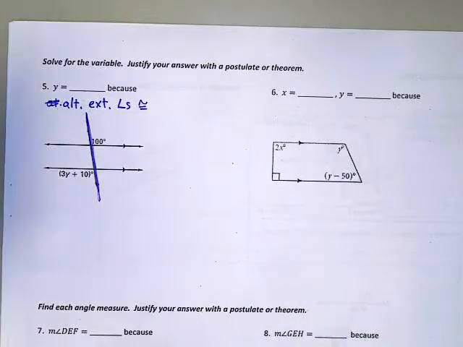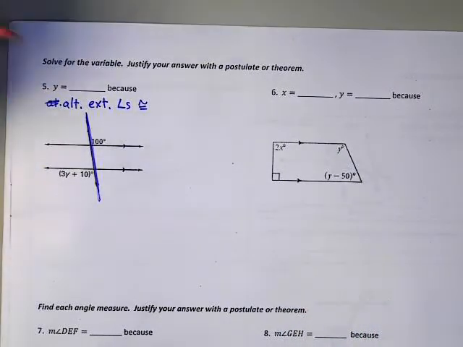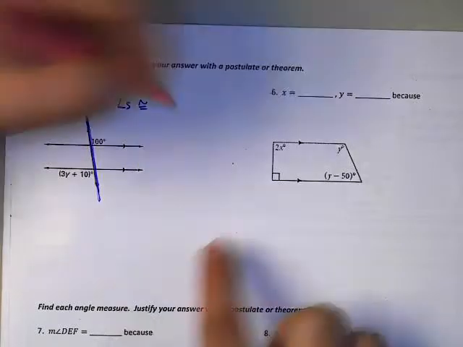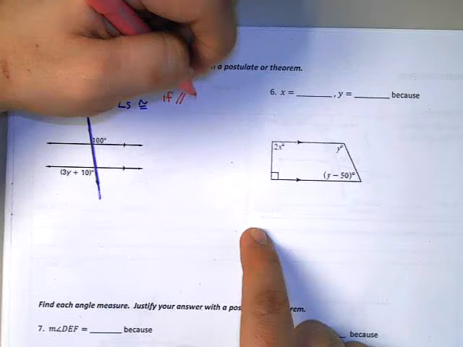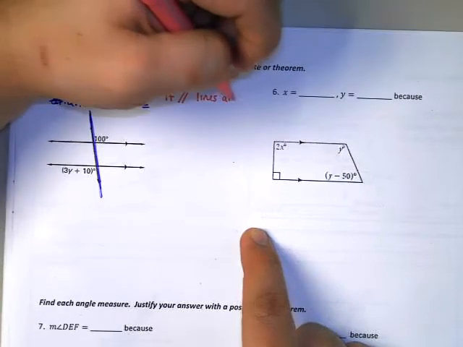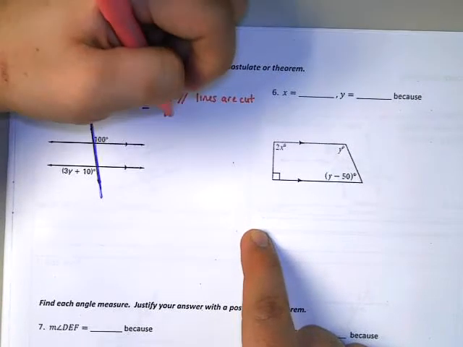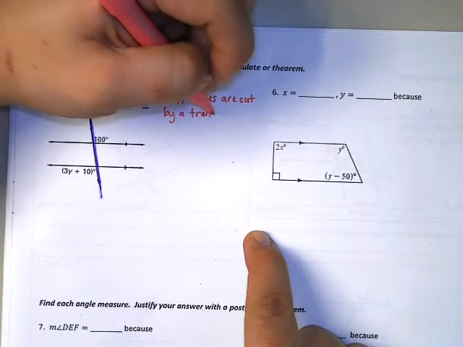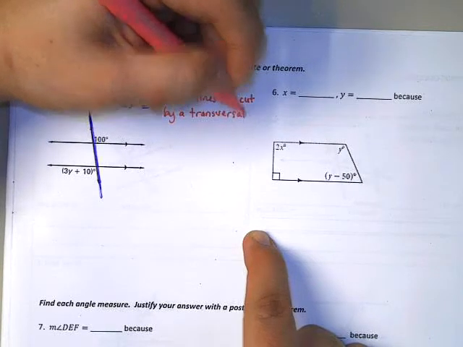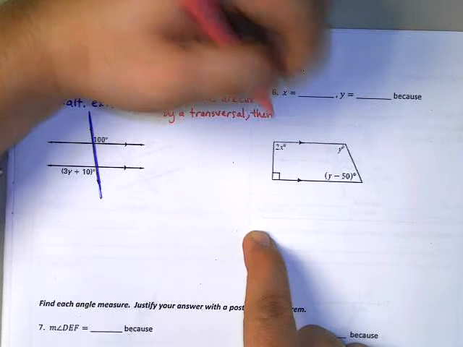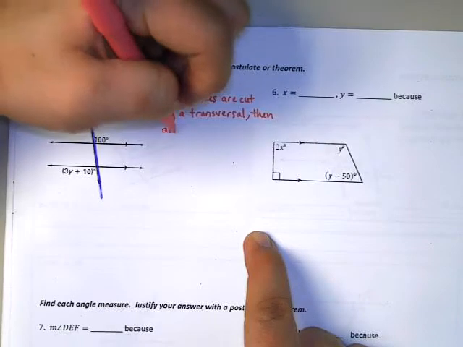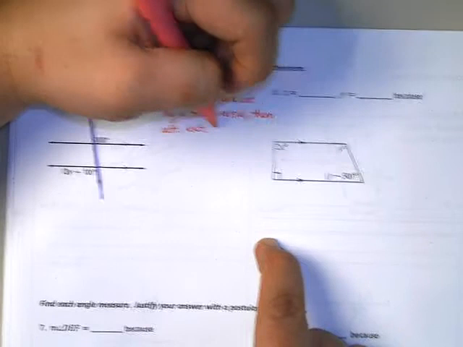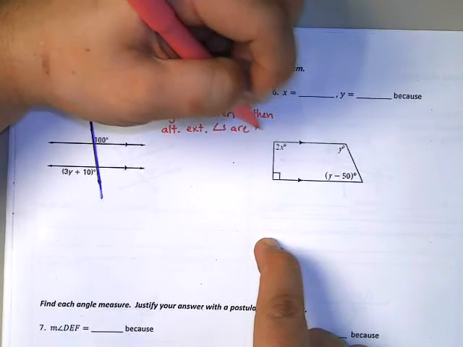We want you to give a little bit of an explanation, like write a sentence about how you know that this is going to work out. So the sentence is going to go something like this. If parallel lines are cut by a transversal, then alternate exterior angles are congruent.